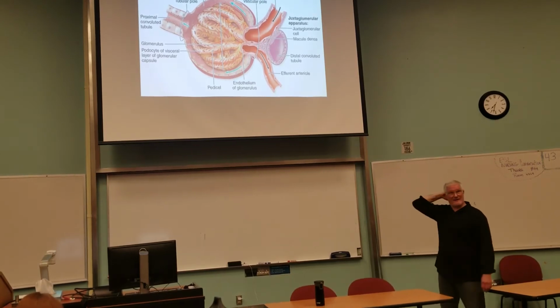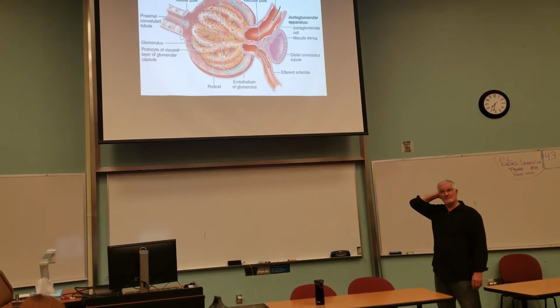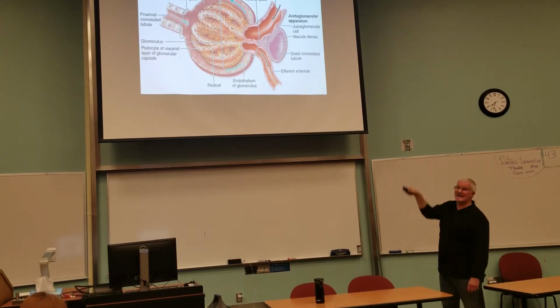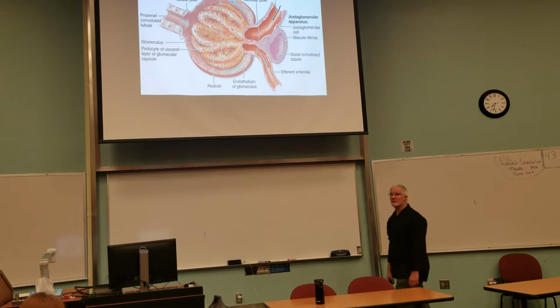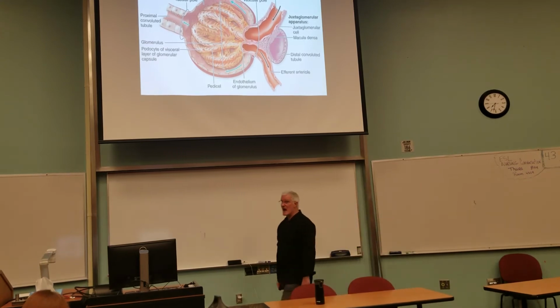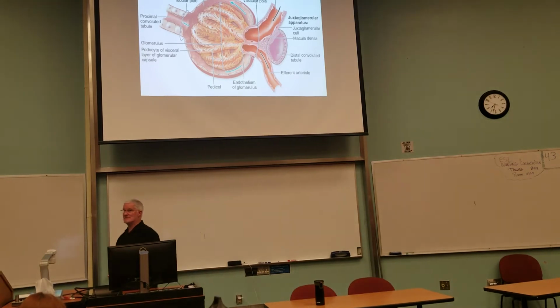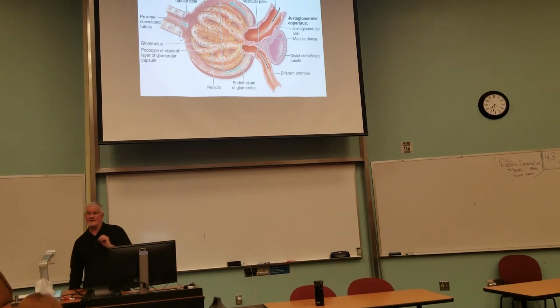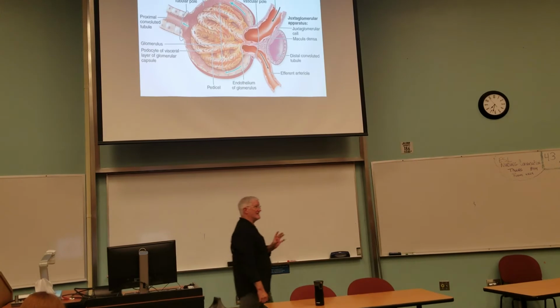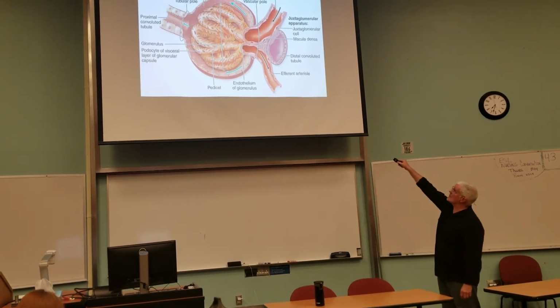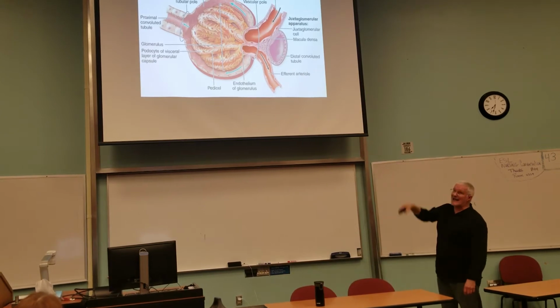Well, how many liters of blood do you have? 5. You have 1,000 liters of blood coming in 24 hours. That's a lot of recirculation. 1,000 liters come in. In terms of how much of that 1,000 liters is filtered, that turquoise arrow represents 180 liters.